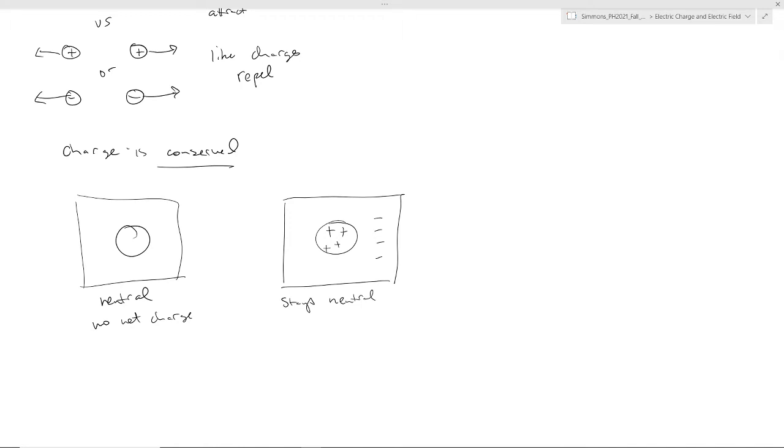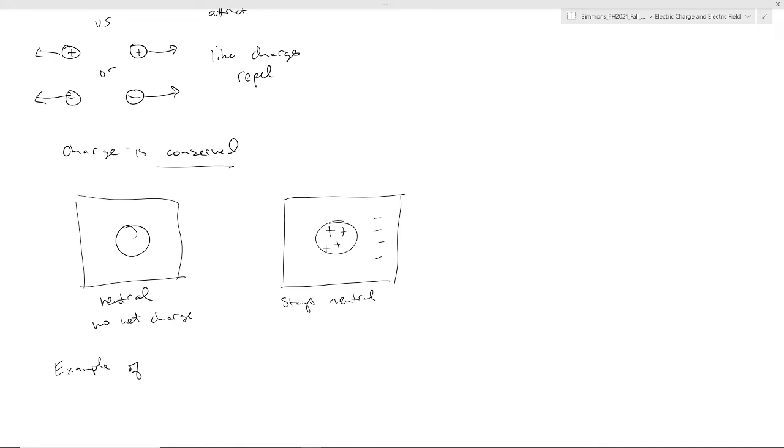What else do we want to mention about charge? A good example of this, better than my cartoon here, is an atom. If you make an ion out of an atom, you're not making negative or positive charge.